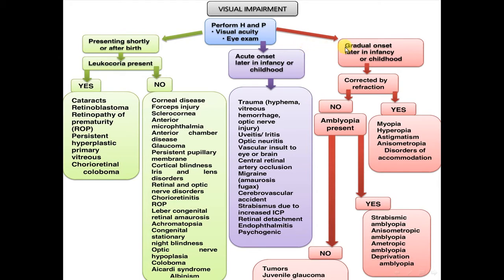Is there gradual onset later in infancy or childhood? Is it corrected by refraction? If yes, this may be myopia, hyperopia, astigmatism, anisometropia, or disorder of accommodation.